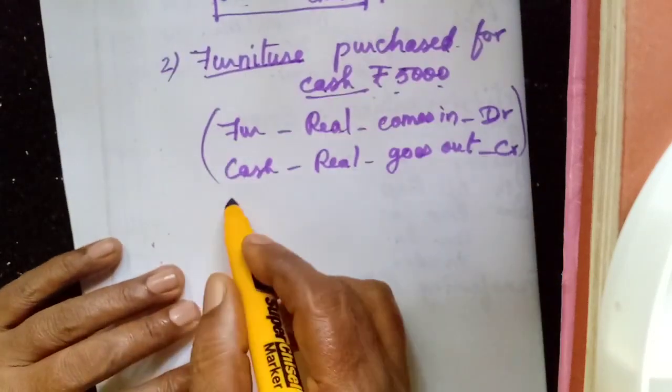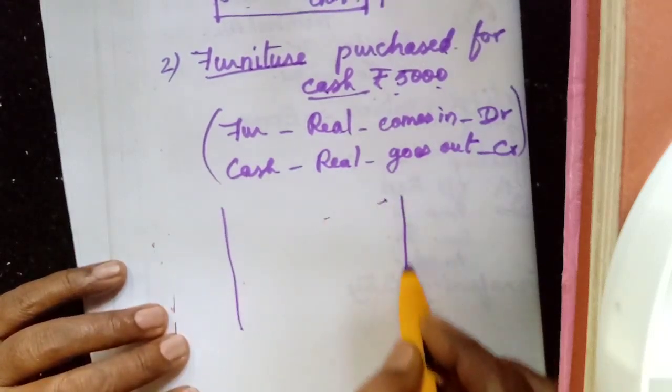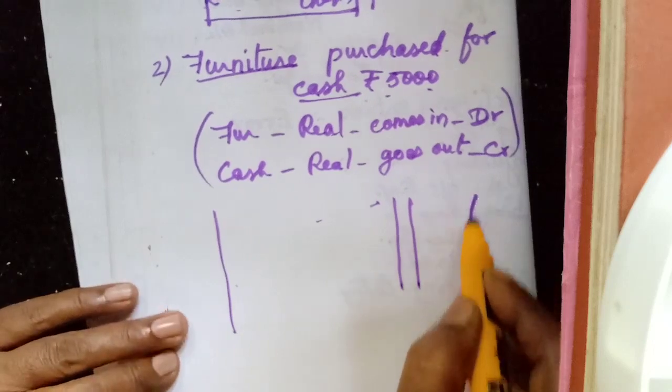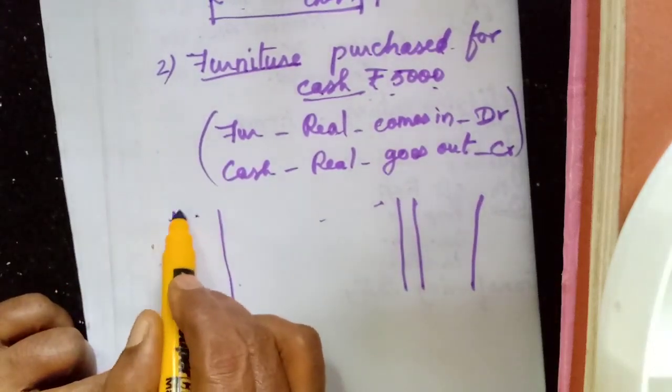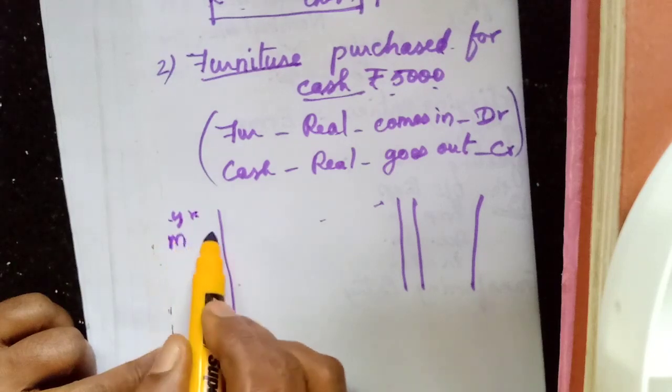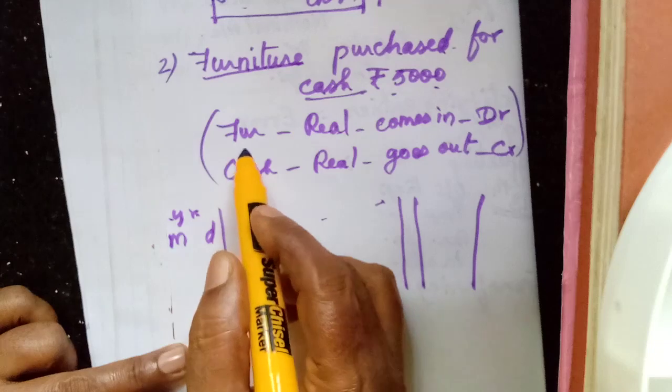Now we will write the journal entry. Same year you have to write. First we should write the year, then the month, then now we should write only the date. If the date is 6, okay, 6. No need to write the year and month again and again in a continuous problem. Then which account should be debited?